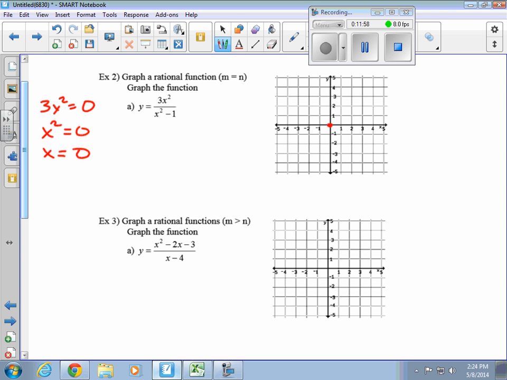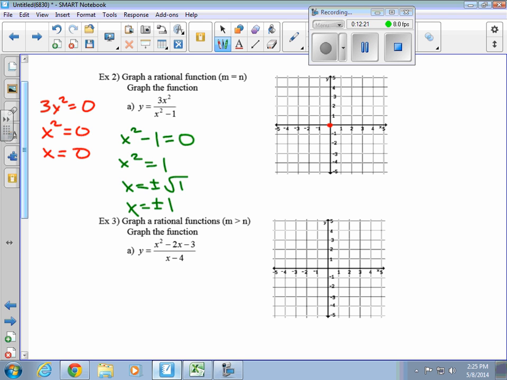Second step, set the denominator equal to 0. So now I'm going to have x squared minus 1 equals 0. What are you going to do? Solve it. x squared equals 1. x equals plus or minus the square root of 1, which is plus or minus what? 1.